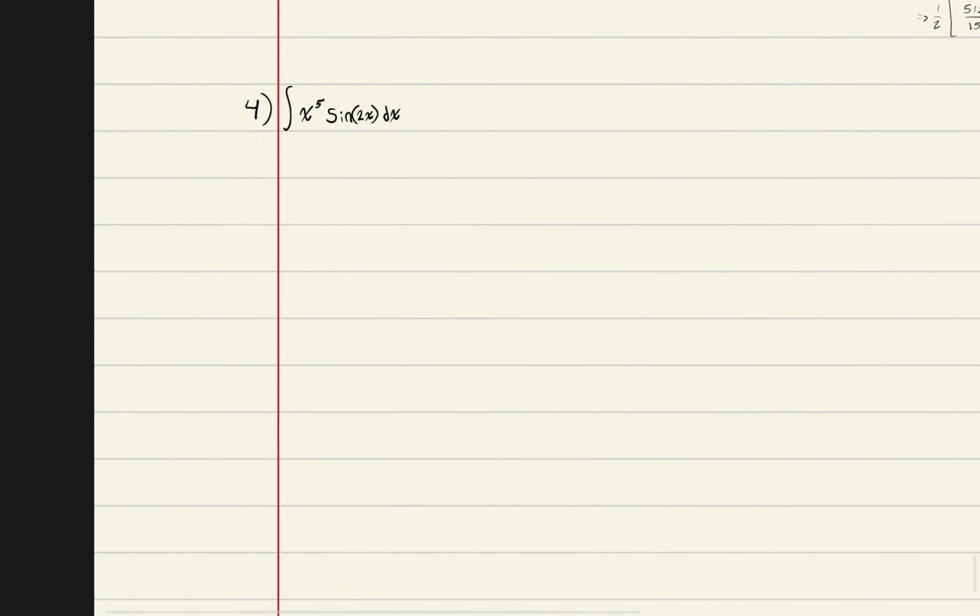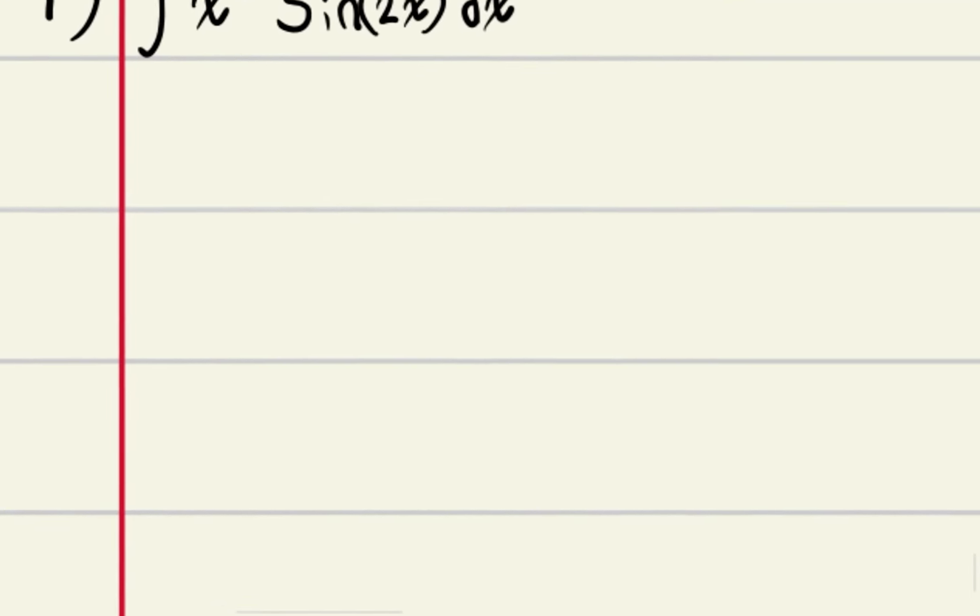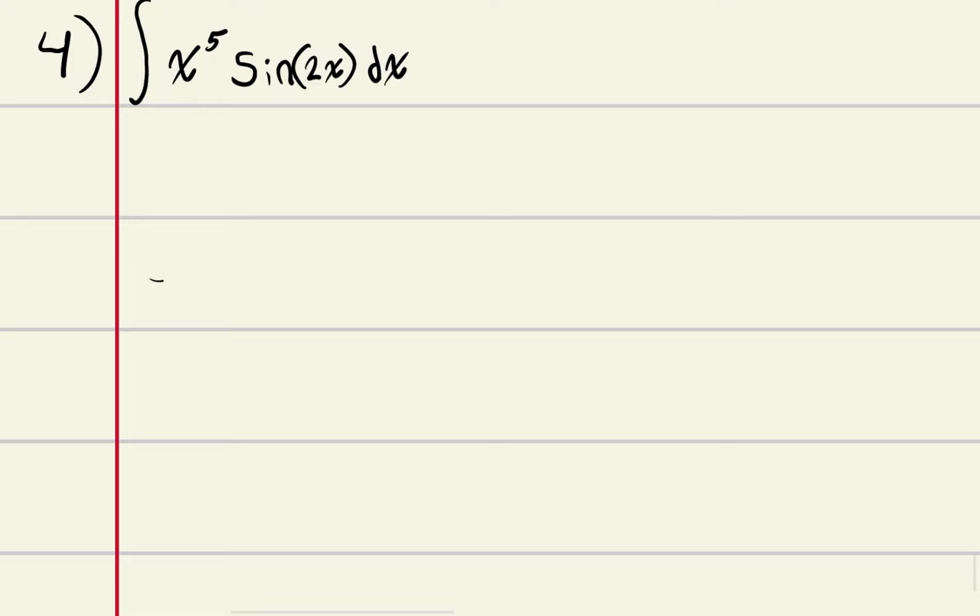The next question is the integral of x to the 5th sine 2x dx. We can solve this using the tabular method, where we will start with a positive. We'll write down our u value, which would be x to the 5th, and we'll write down our dv value, which would be sine of 2x.